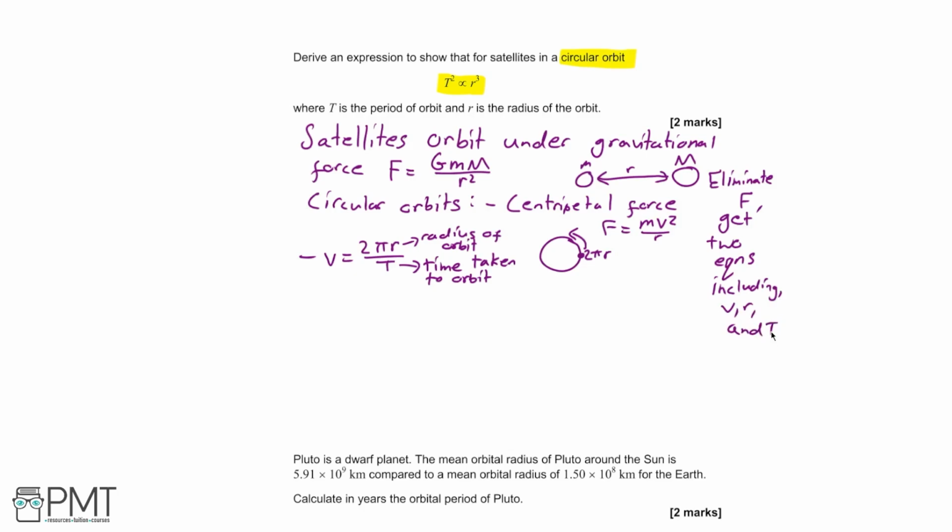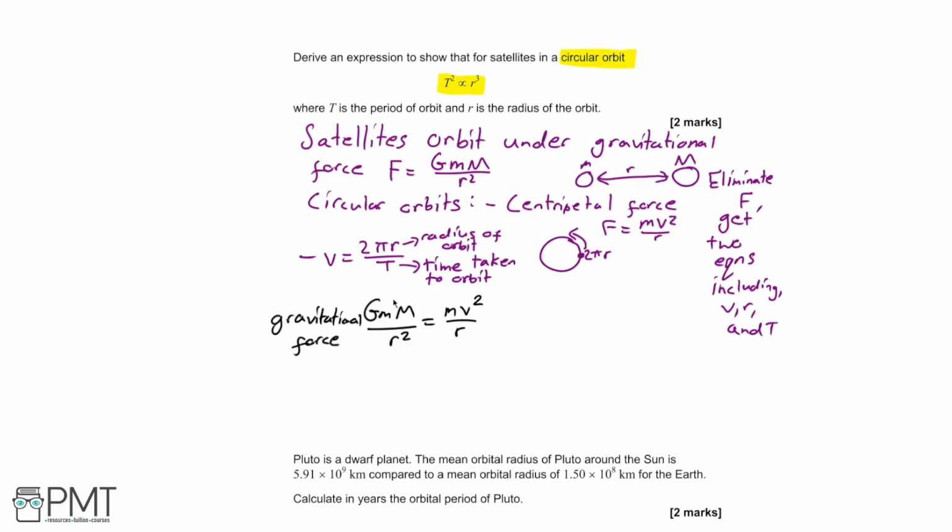So doing that then, we can say that G, little m times big M divided by r squared, the gravitational force that acts on the satellite, is equal to the centripetal force acting on it, because this force is making the satellite travel around in a circle, like so.